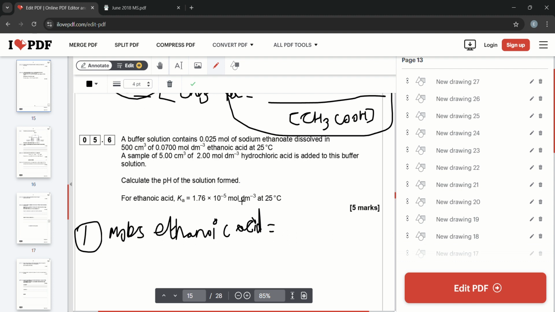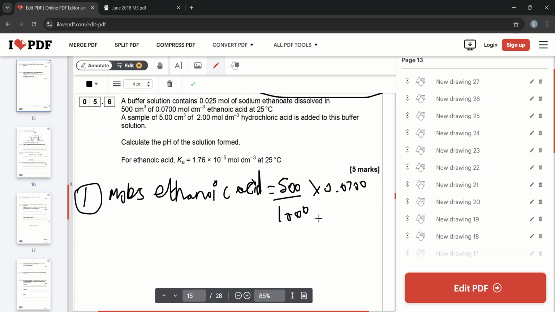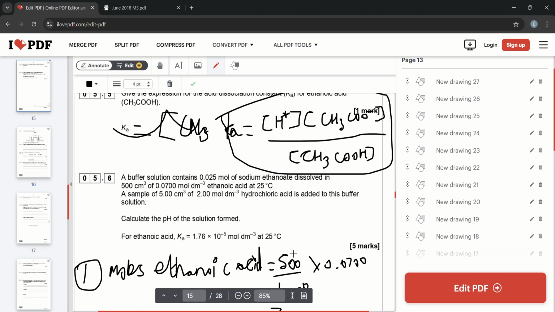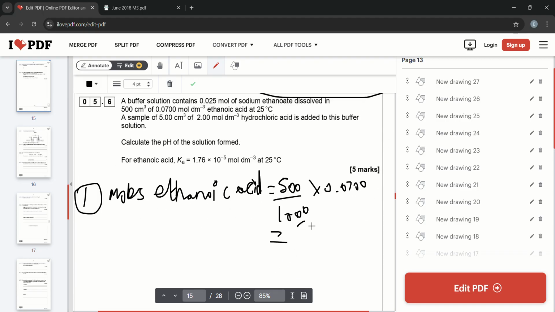So, moles of ethanoic acid: 500 divided by 1000 mol dm^-3 times 0.0700. You get 0.035.